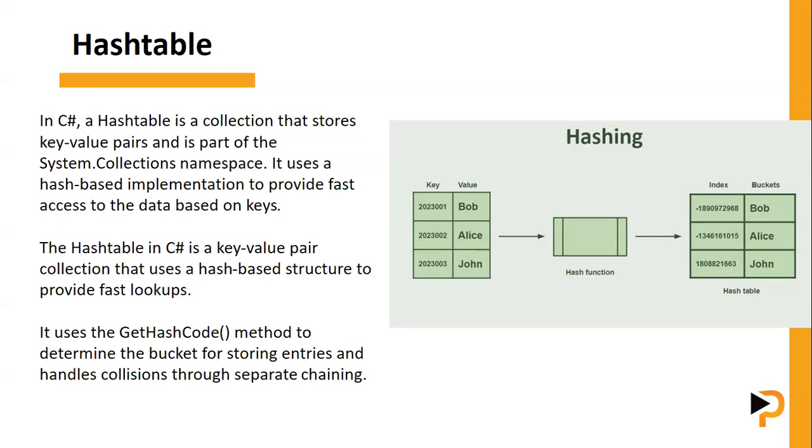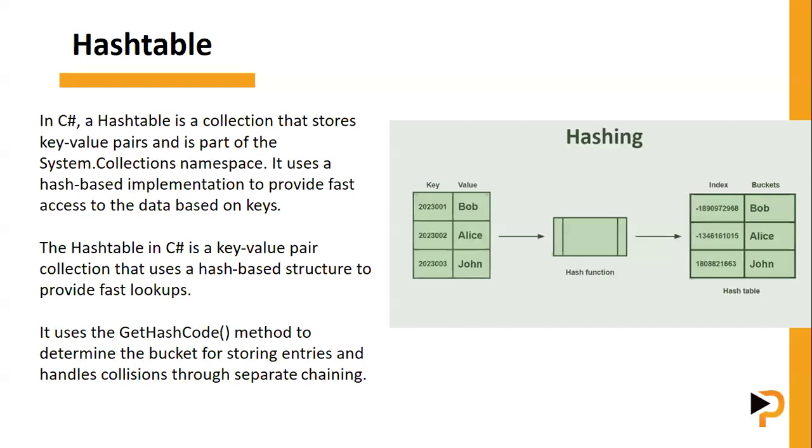So here in this example, you can see this is the key, this is the value. The key will be passed to the hash function, which will generate a value. The generated value will be searched in the hash table by using the hash function, and then the related value is fetched.